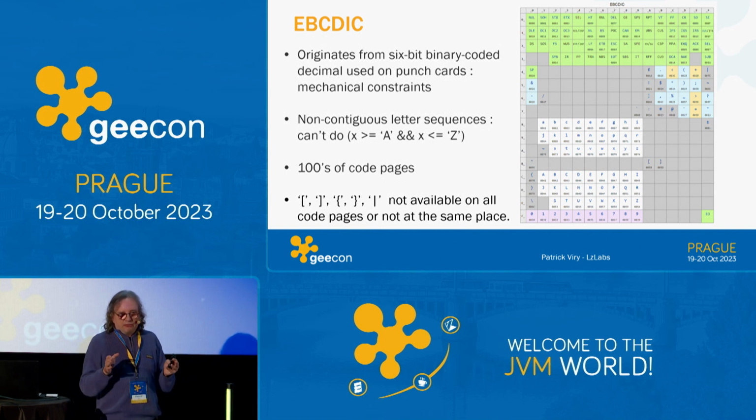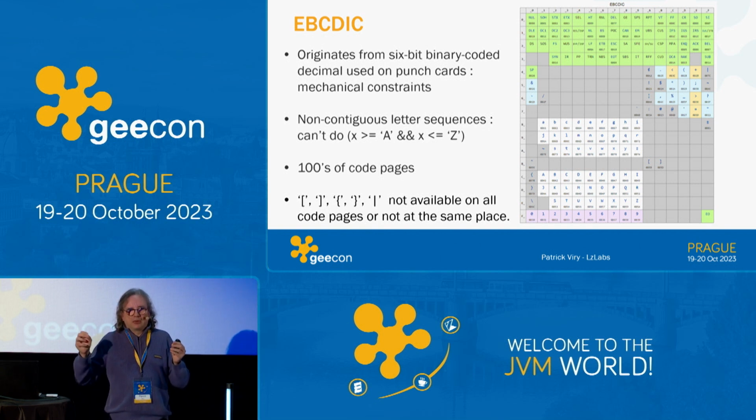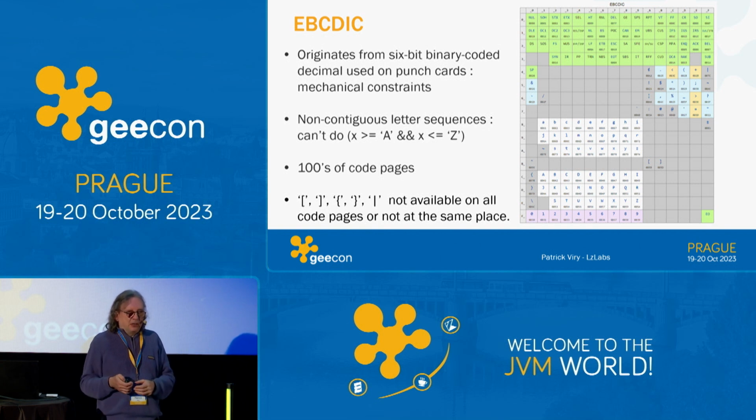One of the major differences with ASCII is that the letters are not contiguous. There are holes between some of the letters. So you cannot test something that is common when you use ASCII. You cannot test whether some value is bigger than A and less than Z, so it's a letter. That doesn't work in EBCDIC, right? Sorting also doesn't work the same way as in ASCII, of course.